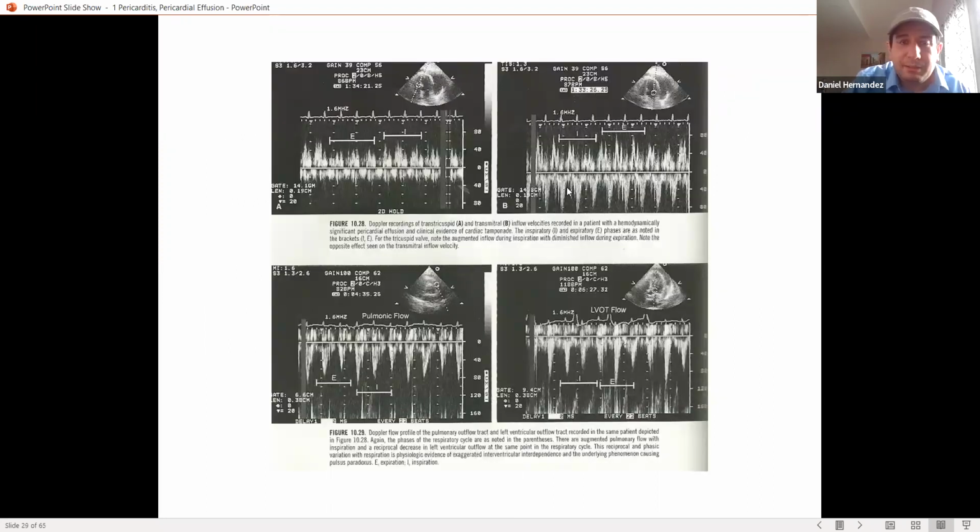So this next slide just shows our Doppler tracings, as it relates to the patient having expiration and inspiration. It's important to recognize that it's opposite depending on which side of the heart you're looking at. So these top ones show tricuspid and mitral inflow.